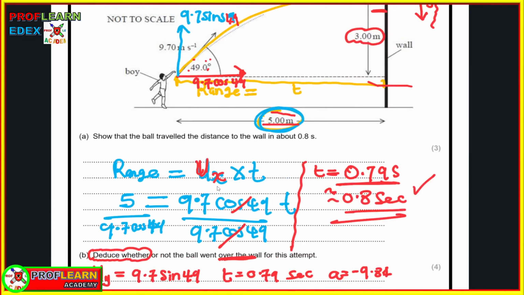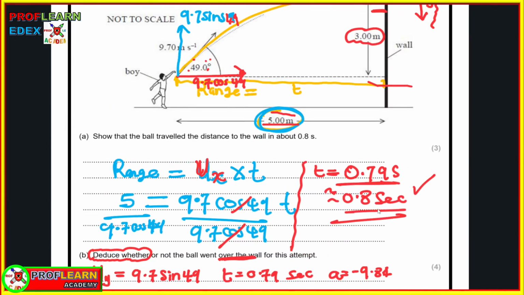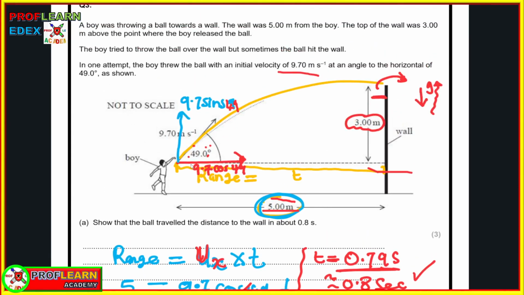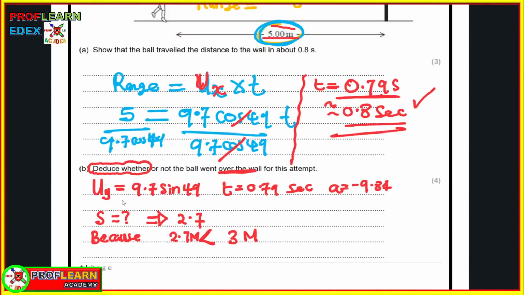Deduce whether or not the ball went over the wall in one attempt. In that case, we shall use the time that we have gotten here, and check how high the ball was by that particular time. We have the initial velocity in the vertical direction, the time is 0.97 seconds, and the acceleration is negative 9.81.